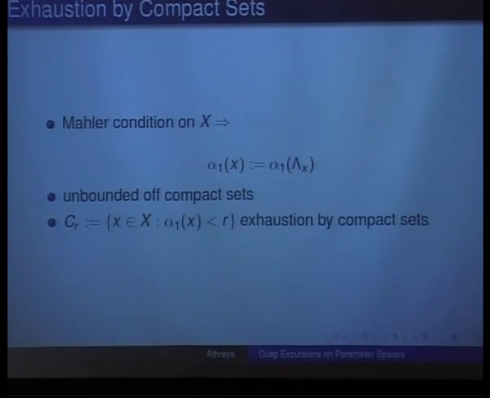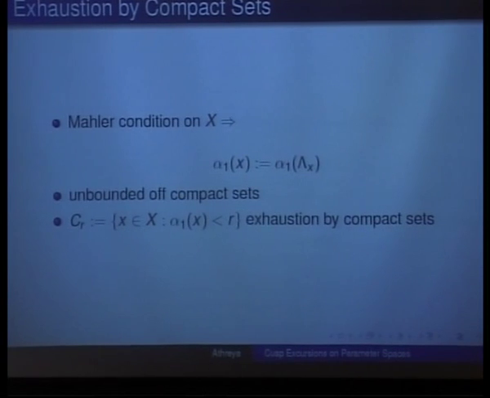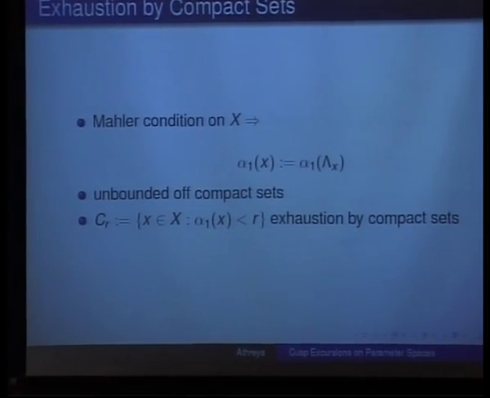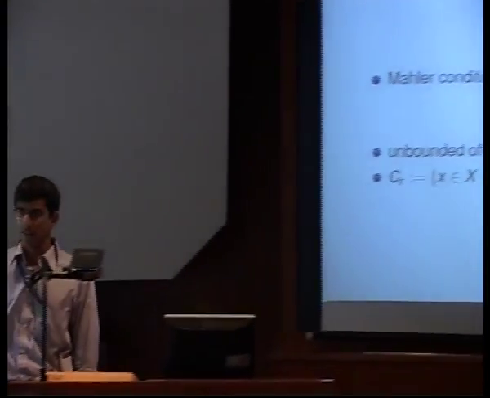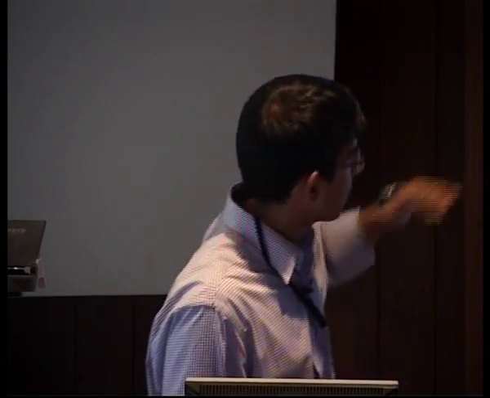In particular, the sublevel sets of alpha, where alpha is less than or equal to some value, give an exhaustion by compact sets, or by pre-compact sets at least.